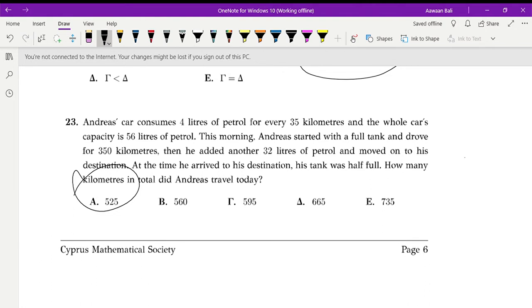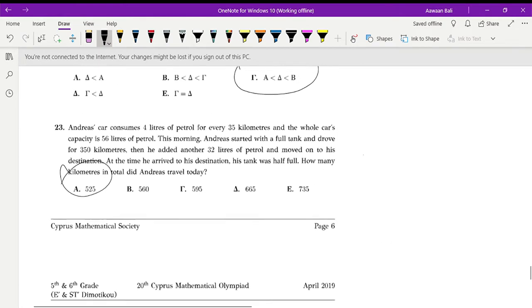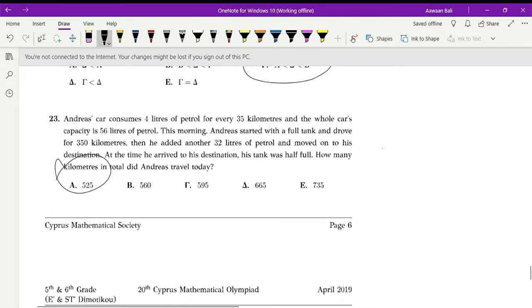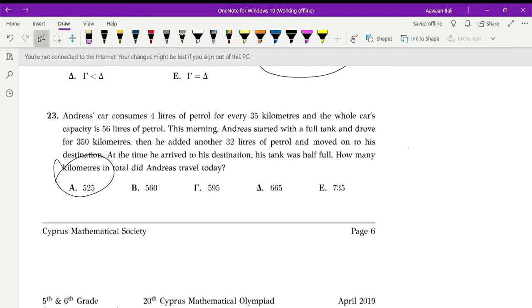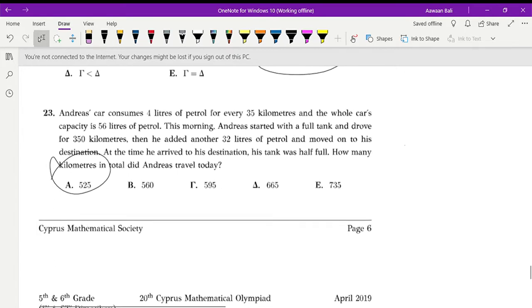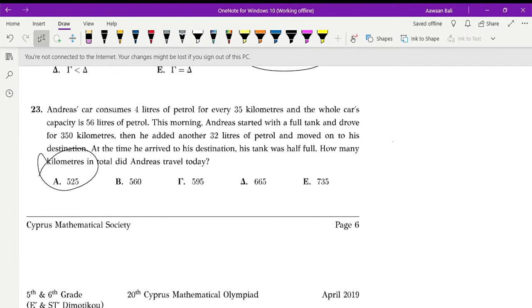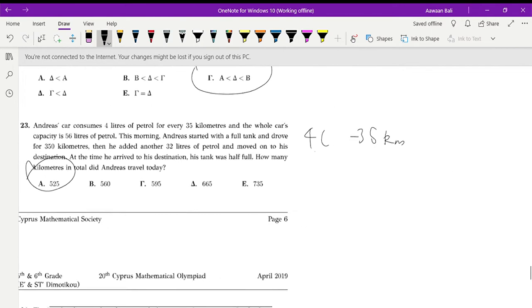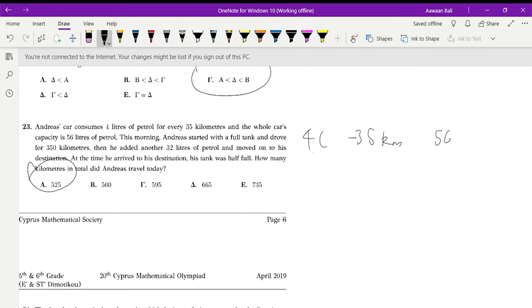Now, Andreas's car consumes 4 liters of petrol for every 35 kilometers, and the whole car's capacity is 56 liters of petrol. So 4 liters for every 35 kilometers, and the whole car's capacity is 56 liters.